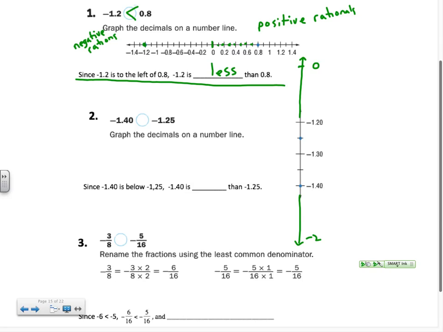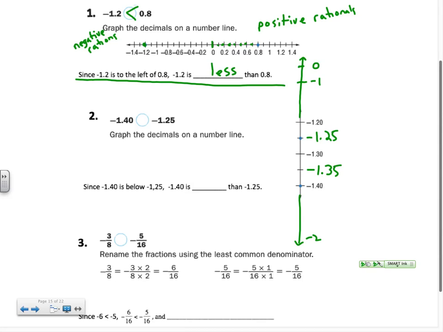Let's see, I'm going to go ahead and graph negative 1 right here. Then I have negative 1.2, negative 1.3, negative 1.4. What's between negative 1.2 and negative 1.3? Negative 1.25, or 1 and 25 hundredths. Let's look between negative 1 and 30 hundredths and negative 1 and 40 hundredths, and I know I would have negative 1 and 35 hundredths.